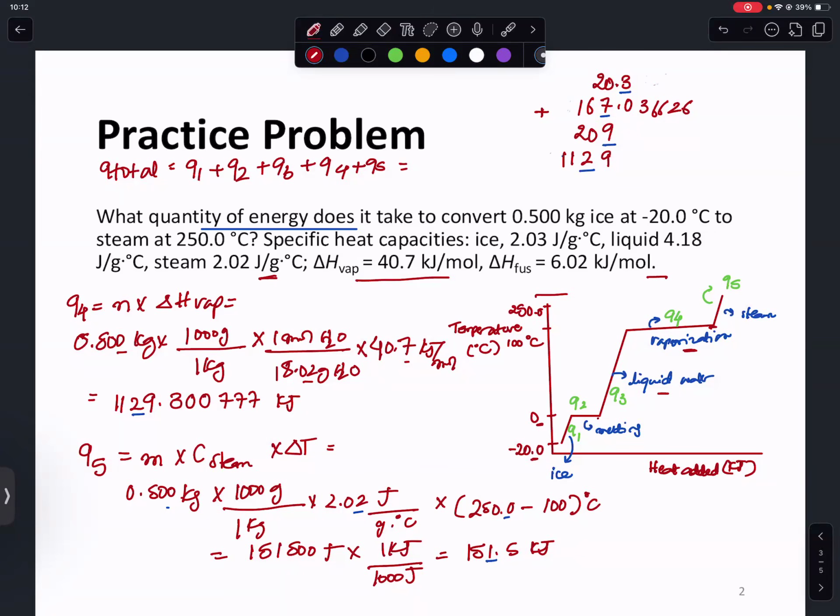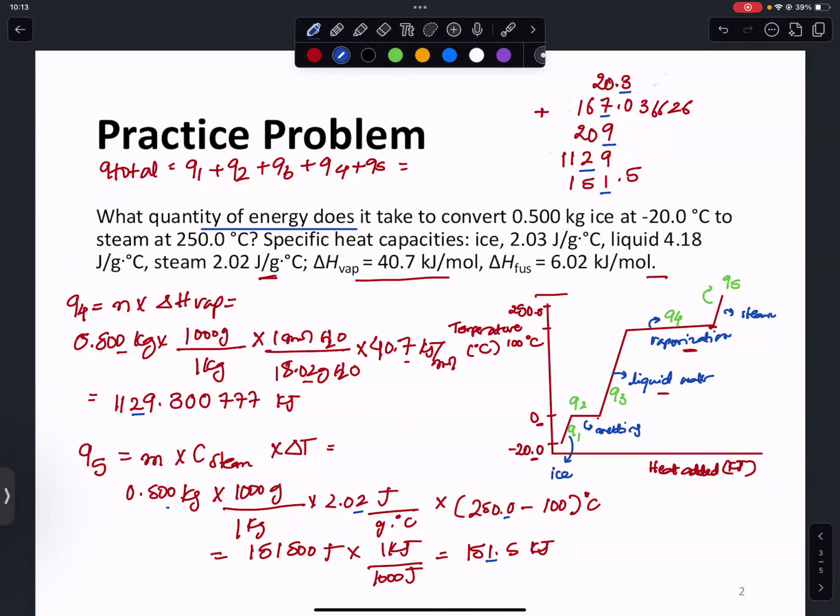And finally, we have the final one, which is the Q5, which is 151.5, and it's right here.